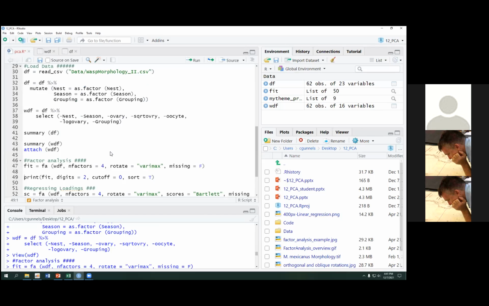This is your code. I have the same variables you do, right? But Max does not. Max does not have log of ovary, but he has the same numbers you have, and I'm getting different numbers than you do. I'll keep thinking.